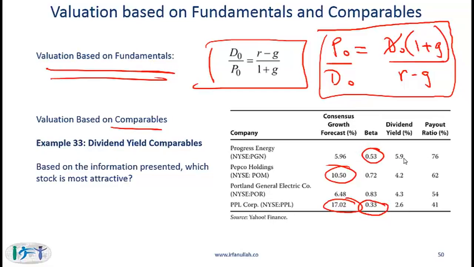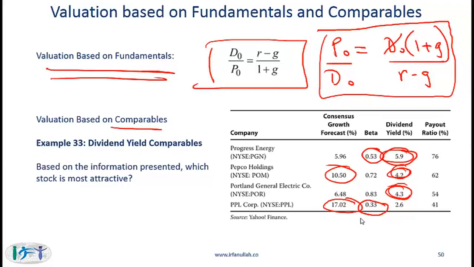Dividend yield, all else equal, you are looking at relatively high. So these are all roughly in the same ballpark. And then, what is the payout ratio telling you? How much percentage of earnings are paid out? So with the dividend yield, here are the companies that seem relatively high.